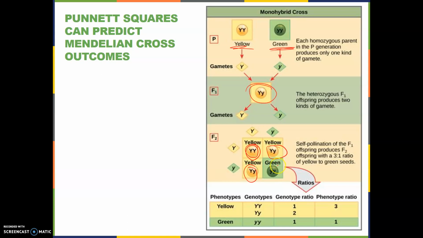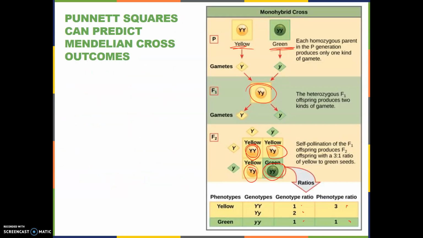And then the other possibility is two little y's. So when we look at the ratios of each genotype, it's 1 to 2 to 1: 1 big Y big Y, 2 big Y little y, and 1 little y little y. The phenotype ratio is 3 yellow to 1 green.